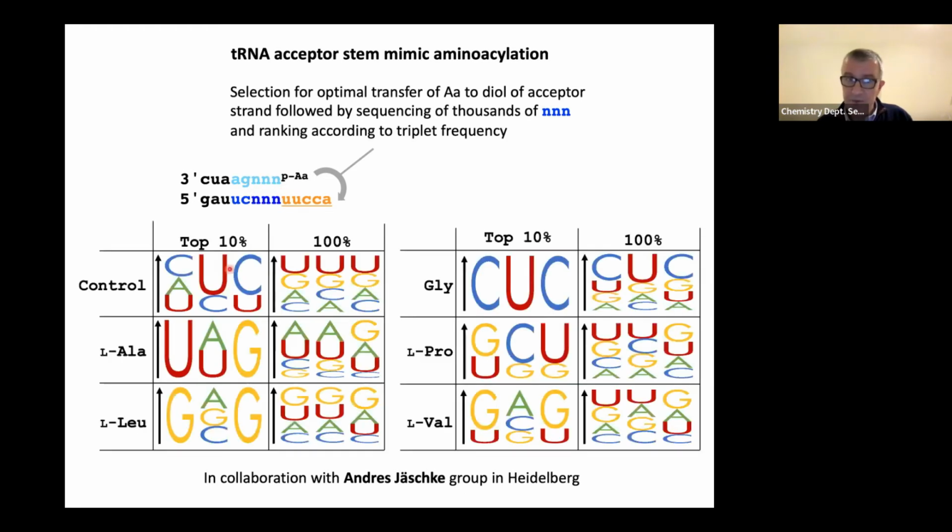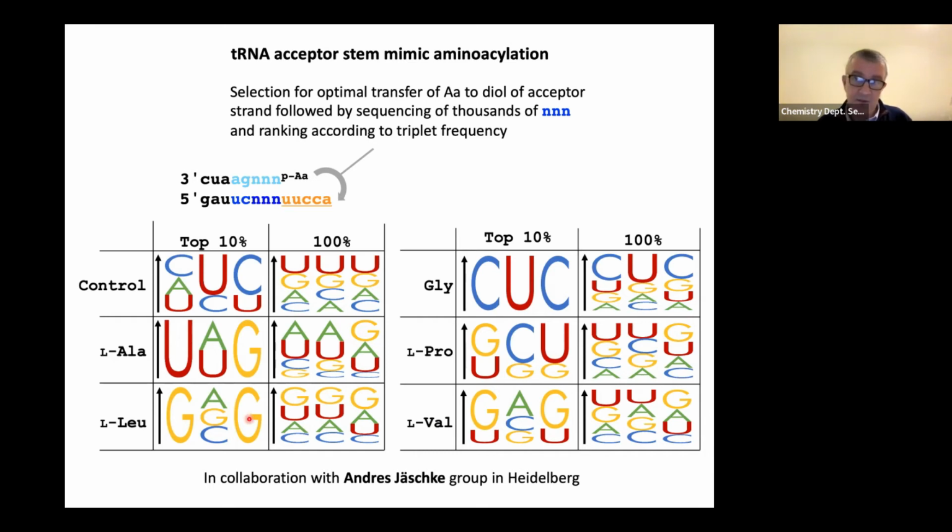We then found a remarkable dependence of the efficiency by which certain amino acids are transferred on the terminal trinucleotide sequence. So L-alanine is best transferred by UA or UUG, glycine by CUC, proline by GCU, and leucine and valine, which are related amino acids, are actually best transferred by related sequences.